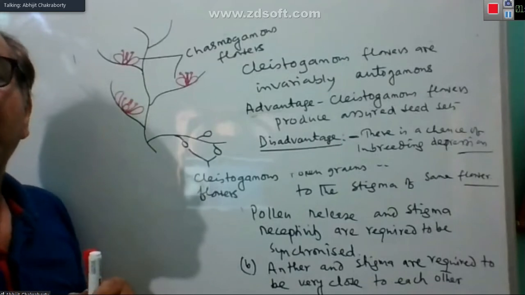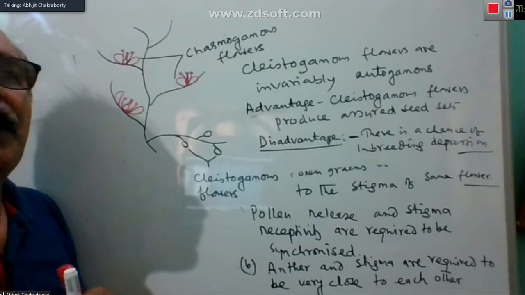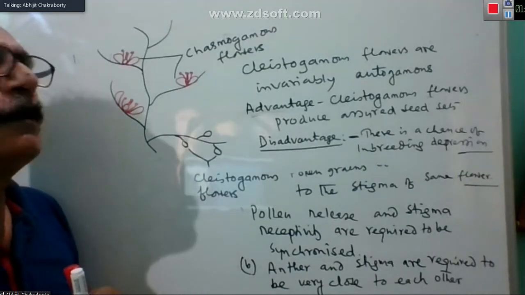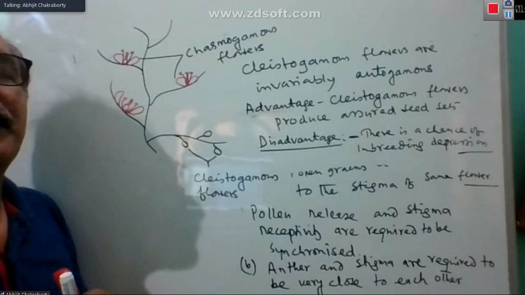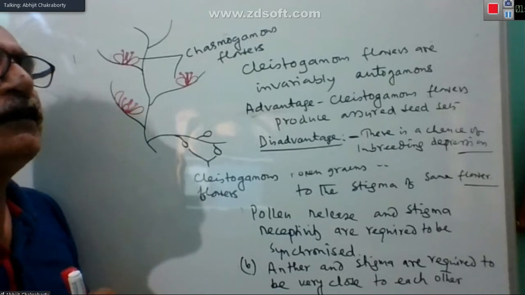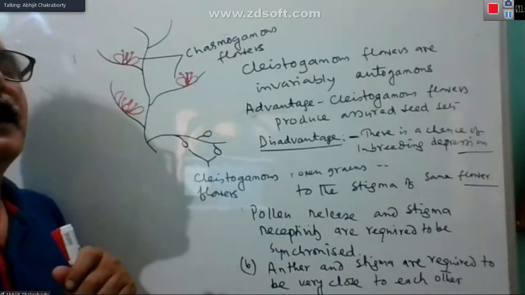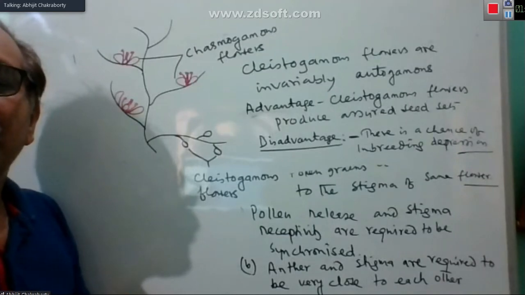In the same plant, whenever a pollinator is available, chasmogamous flowers facilitate cross-pollination. And whenever pollinators are not available, cleistogamous flowers come into action so that seed production can be assured. So this is the advantage of a plant having both. Is it clear now?